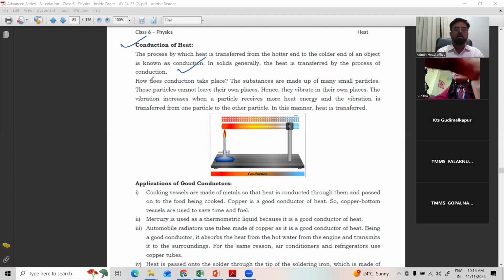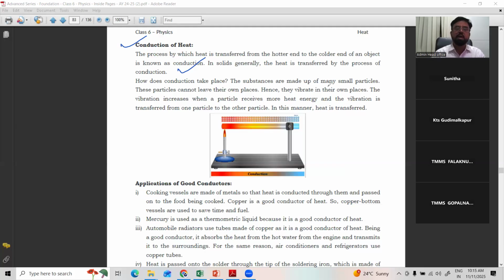See here, when you are heating any iron rod with one flame, heat transfers from the hot body to cold body, and you can feel the hotness, and we leave the hand like this. Even when you are holding any vessel, we can feel the hotness. Right? So how does conduction take place?